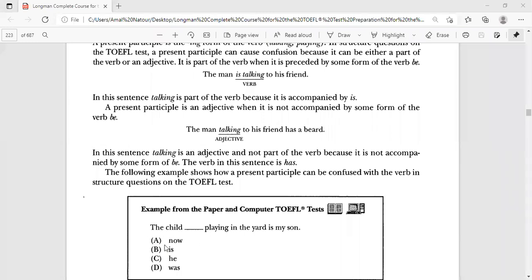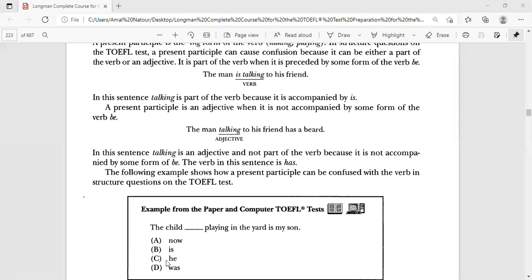I will repeat again. The child is the subject, is the verb. Playing here is an adjective. So here it is a complete sentence. Here I need something that does not affect the sentence grammatically. Then B and C are incorrect because they are verbs, and here I have a verb.